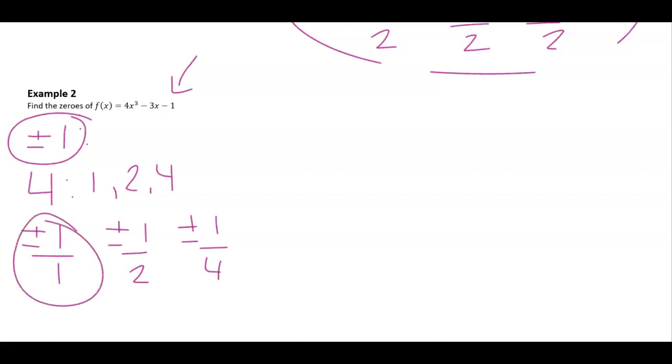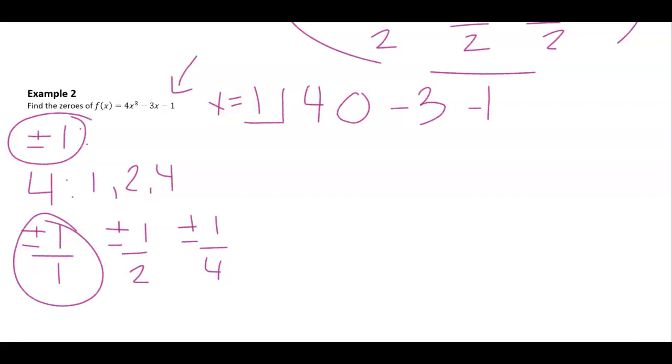Let's start with positive 1 and just see what happens. So my goal with starting with positive 1 is that I am going to get a 0 as my remainder. Then I know x equals 1 is one of my zeros.